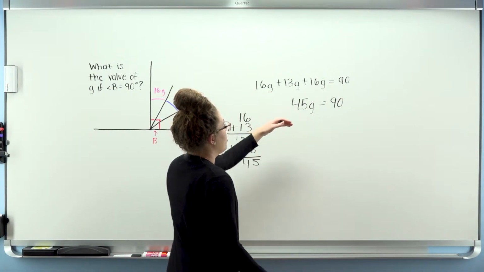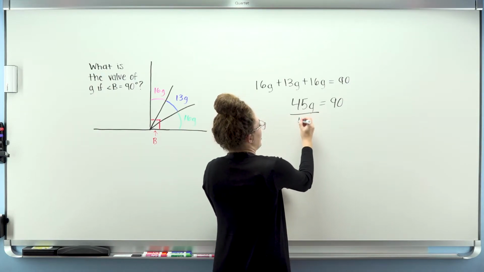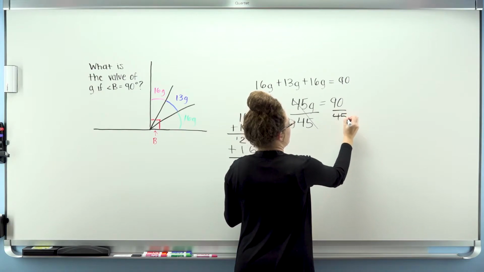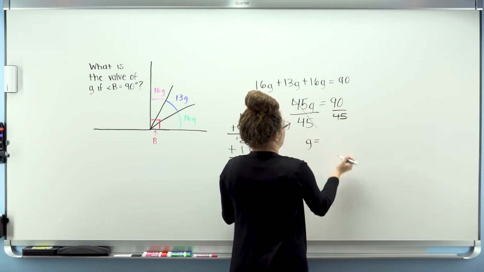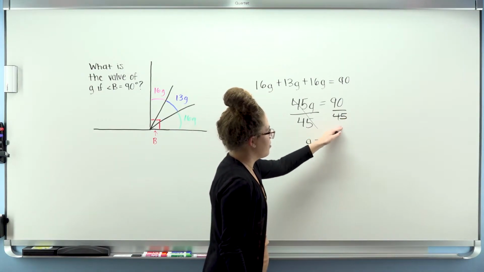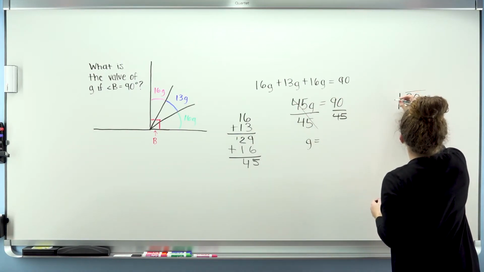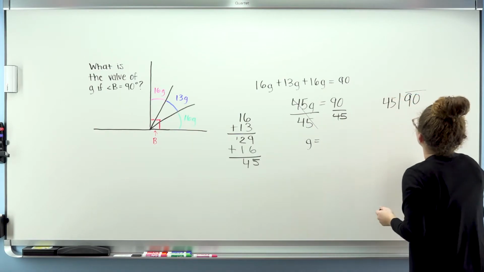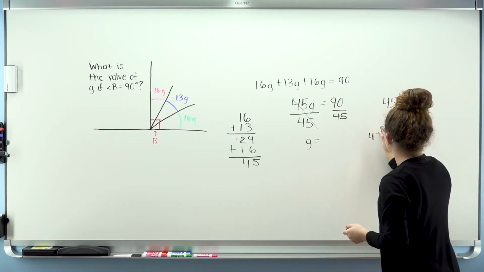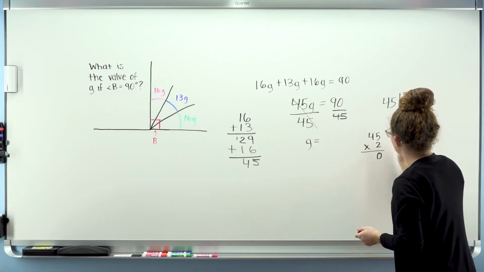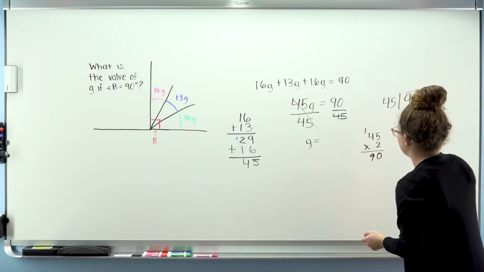Okay, and again, we want g alone, so we would divide by our 45 here, and divide on the other side as well, and we would get g is equal to 90 divided by 45. Again, if we just go over here quickly and do our long division, we do a little check just to make sure. 45 times 2 is 90, right?